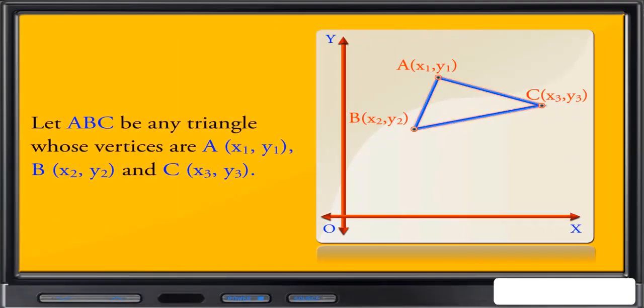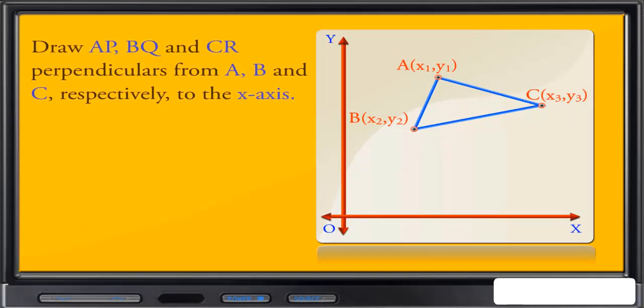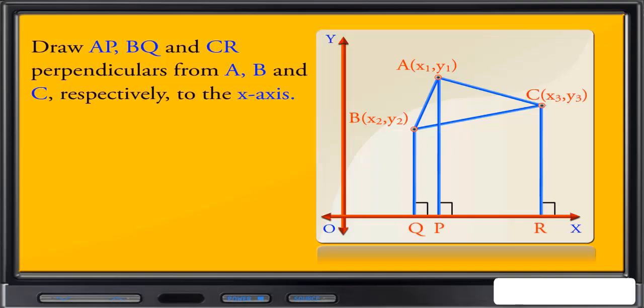Let ABC be any triangle whose vertices are A(x1, y1), B(x2, y2) and C(x3, y3). Draw AP, BQ and CR perpendiculars from A, B and C respectively to the x-axis.